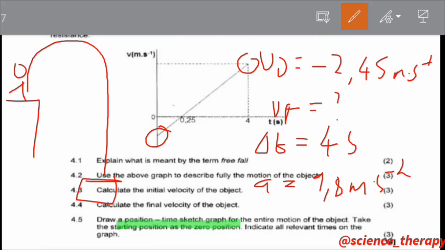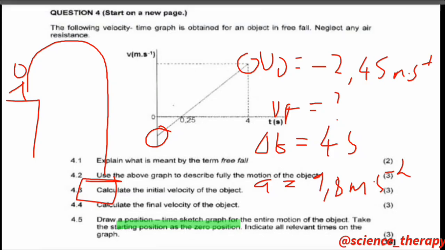So what I'm going to do right now is, let me first take the ground as the 0 position and show you how the graph would look if the ground was the 0 position, and then show you what is the difference when they say we take the starting position as the 0 position.